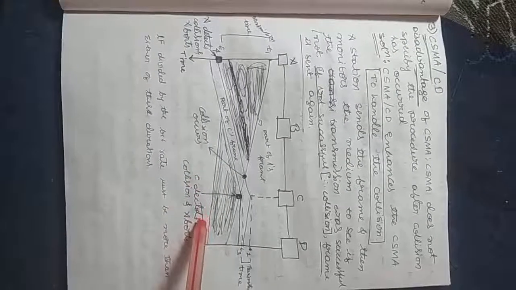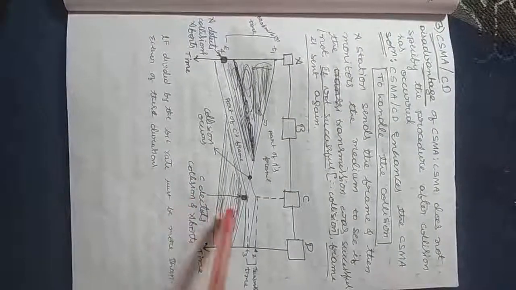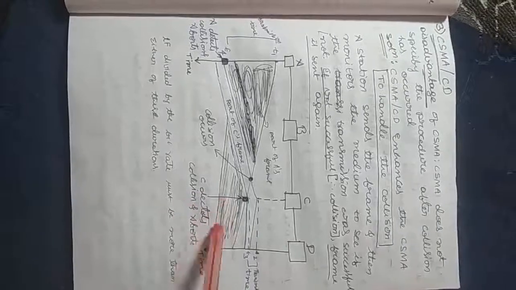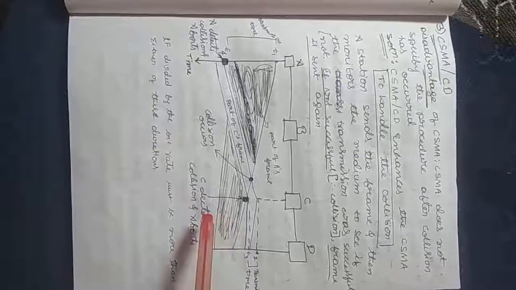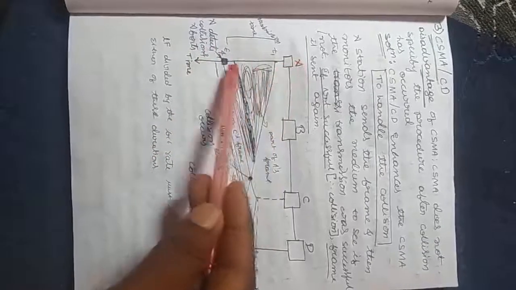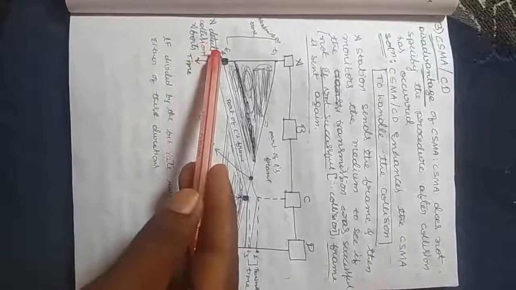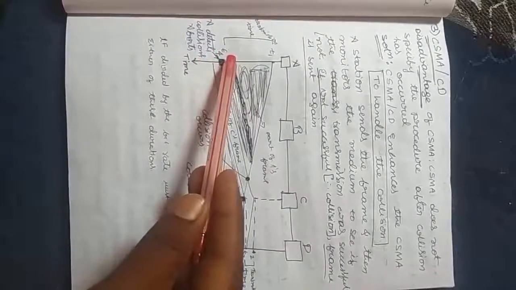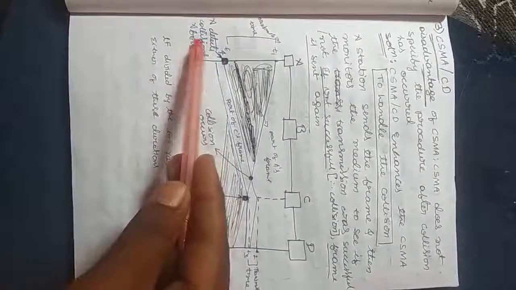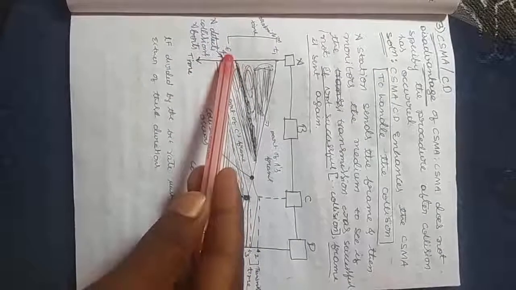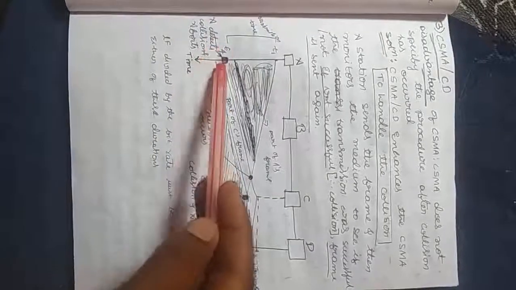So C detects the collision and aborts the transmission, which means it cuts its transmission. Then A also detects the collision at time T4 and aborts its transmission.